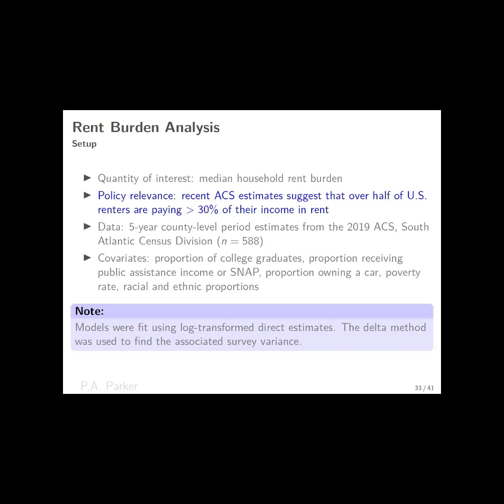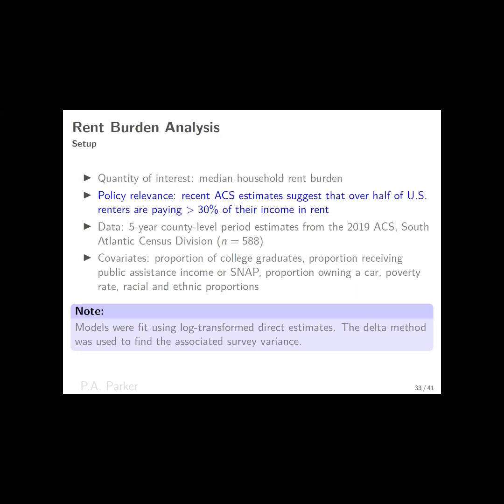We use covariates in our model, that vector X. And so our covariates are some standard demographic variables like racial and ethnic proportions. And we have some other things that we found helpful as well. So we have the proportion of college graduates in the area. We have the proportion of people in the area that receive some type of public assistance or supplemental nutrition assistance, SNAP.